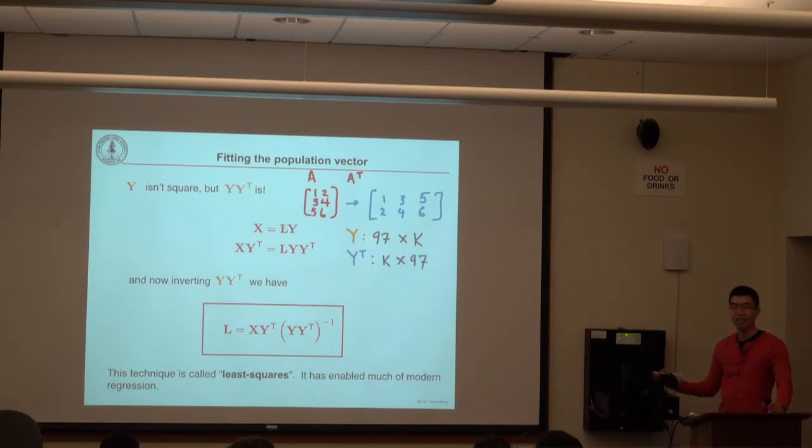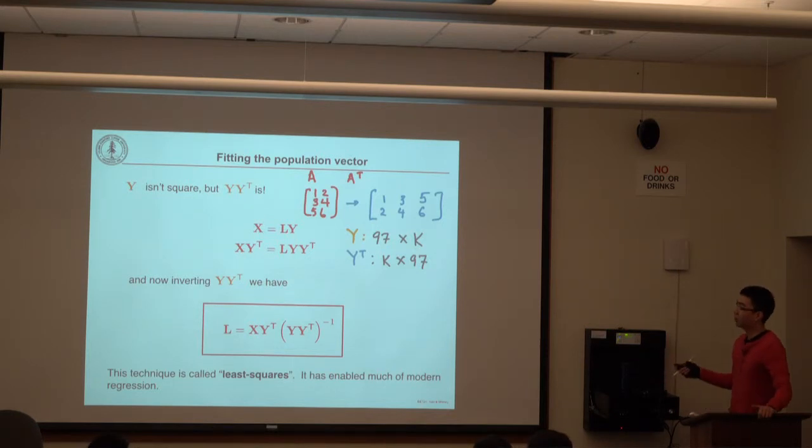Does everyone see how that is? So now if I take Y and multiply it by Y transpose, then I get a square 97 by 97 matrix.